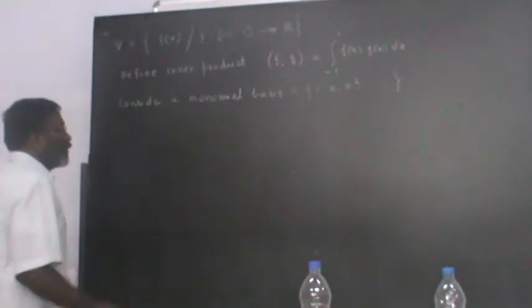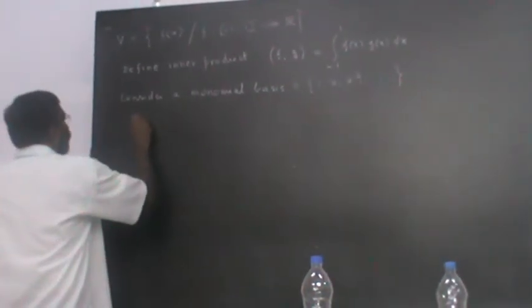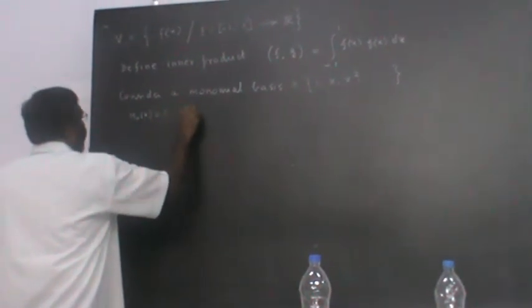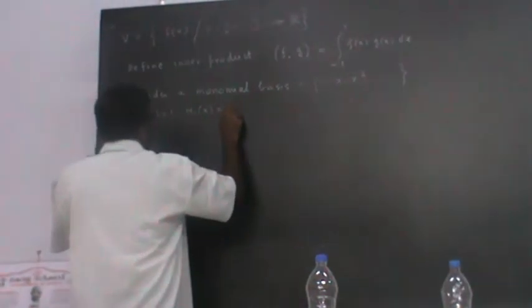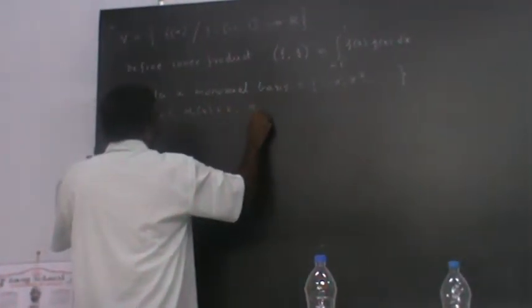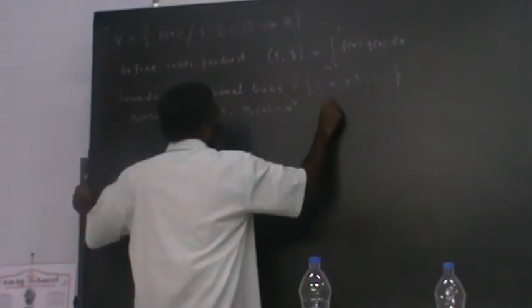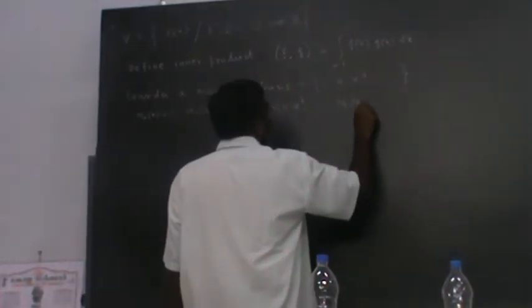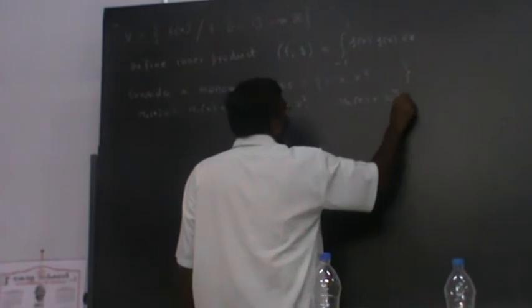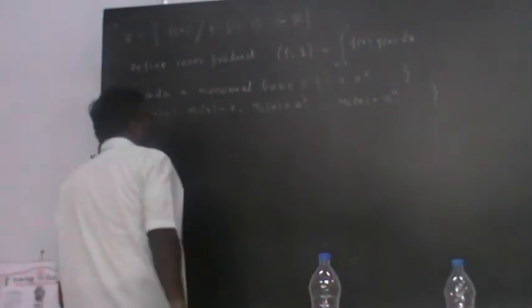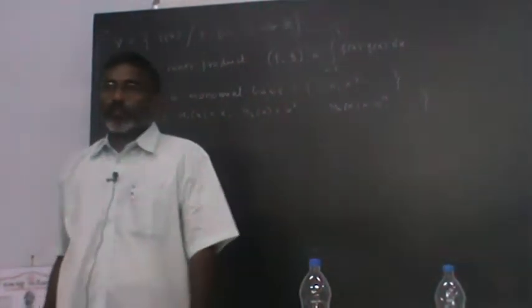That means I will define m0 of x as 1, m1 of x as x, m2 of x as x squared, and so on, mn of x as x power n. This is the monomial basis. I will call mn of x a monomial.